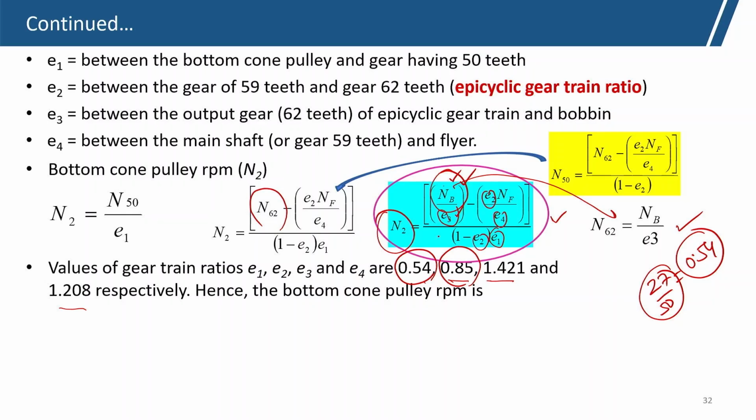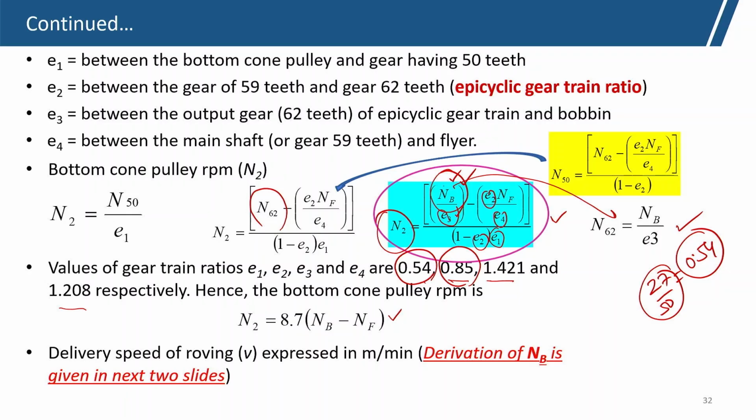all this data, then what we get is the value 8.7 multiplied by NB minus NF. That relationship we get if we replace all this data here, approximately.